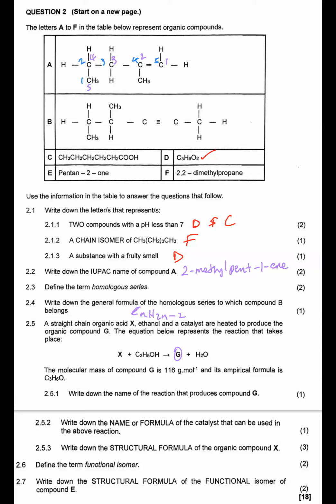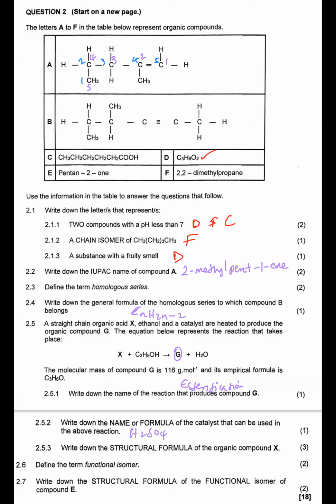Write down the name of the reaction that produces G. It's esterification. Write down the name of the catalyst or formula. H2SO4.